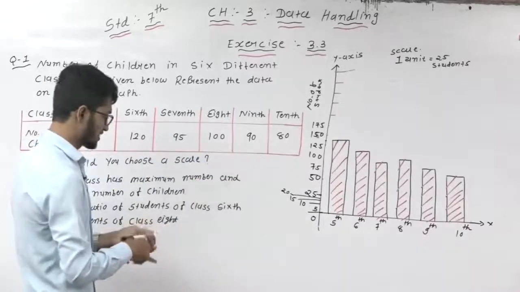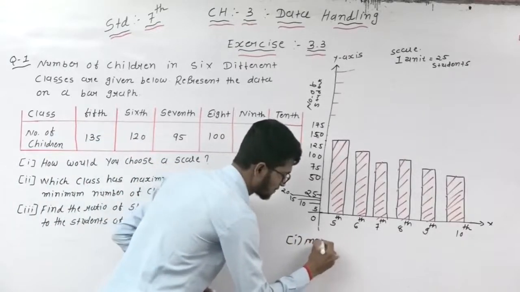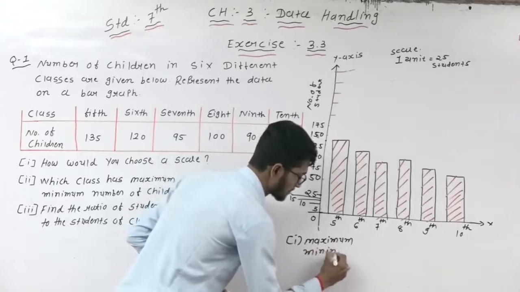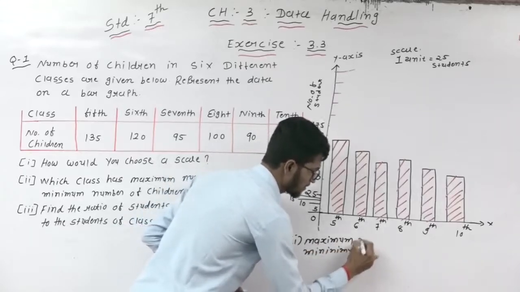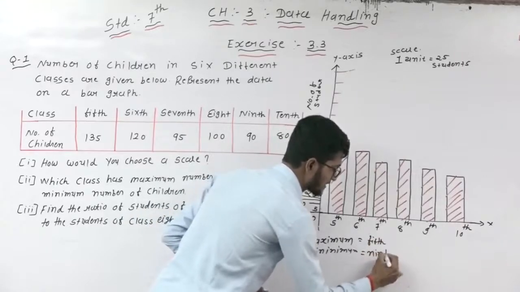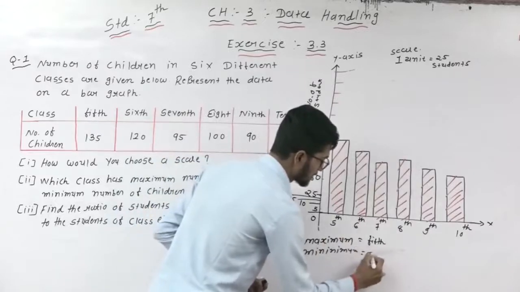So here is the first question's answer. Maximum number, which class? 5th class. And minimum, sorry, 10th class. Why?